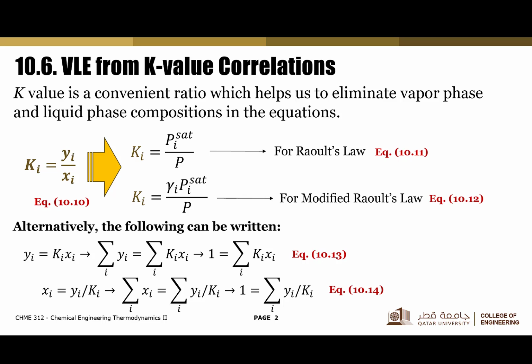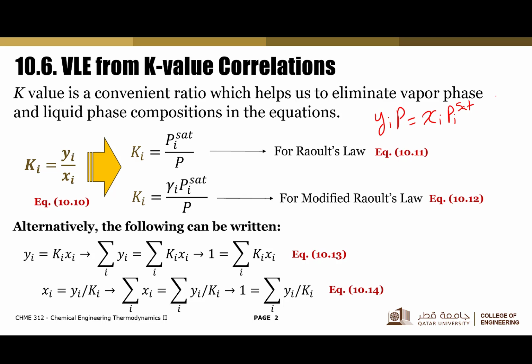But before we get there, from Raoult's law, the ratio of Y to X is what we see here. If you remember, the partial pressure, yi P equals xi Pi sat.